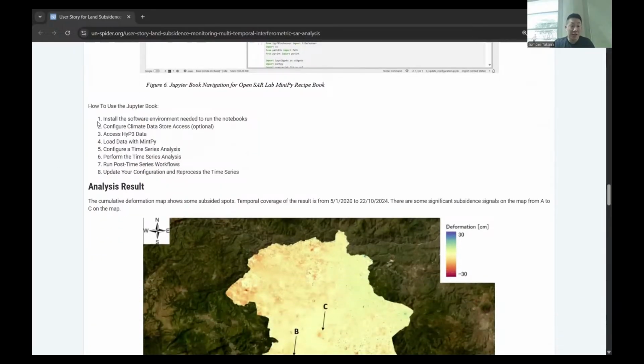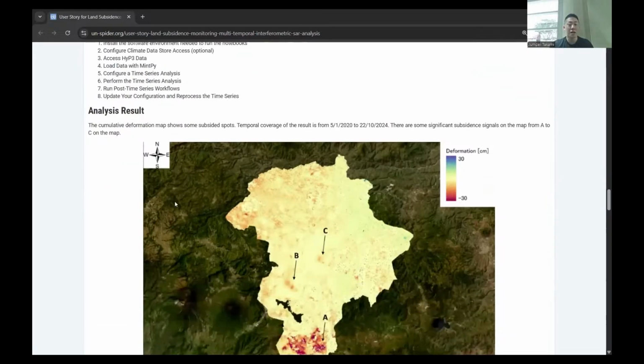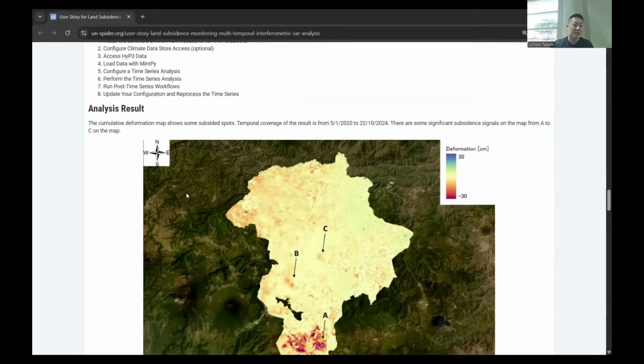In the Jupyter notebook recipe book, you install the software environment, configure Climate Data Store access, access HyP3 data, load data with MintPy, configure the time series analysis, perform the analysis, run post time series workflows, update your configuration, and reprocess the time series. That's a very simple workflow for time series analysis.